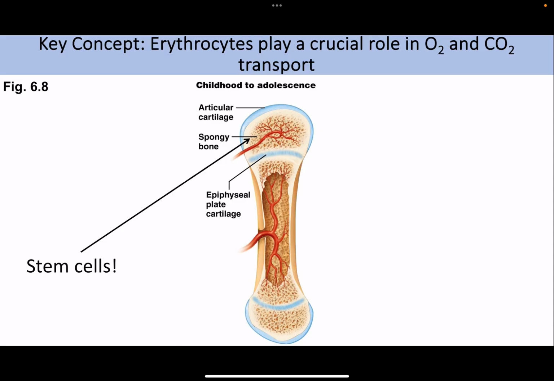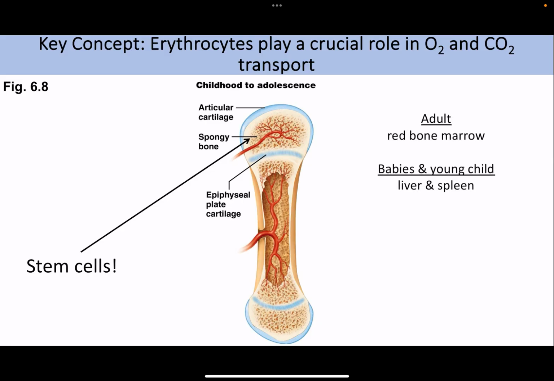A stem cell can differentiate into a red blood cell, or into any types of white blood cells. We'll talk about eosinophils and lymphocytes and basophils. It could also differentiate into a megakaryocyte. It can differentiate into many, many different things. So stem cells at those epiphyses allow us to make those blood cells.